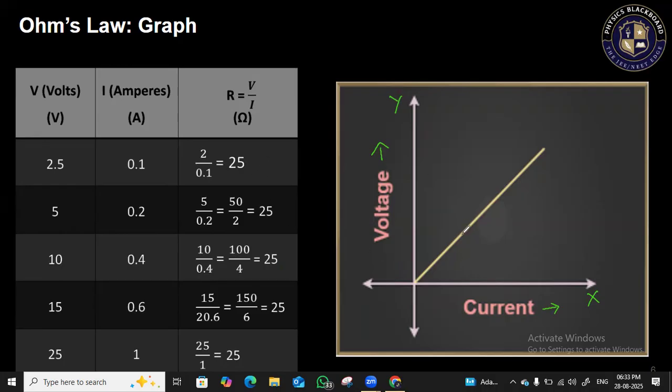Because the R value remains constant. Here the slope of this graph will give you the value of resistance. So this is the graph for Ohm's law, where R remains constant and the current increases with the potential difference, right? Yes.